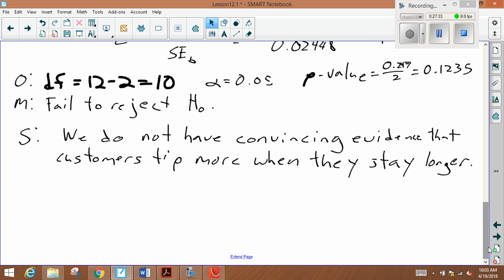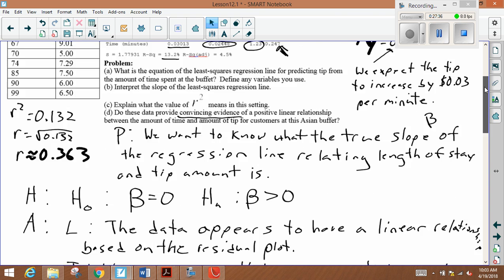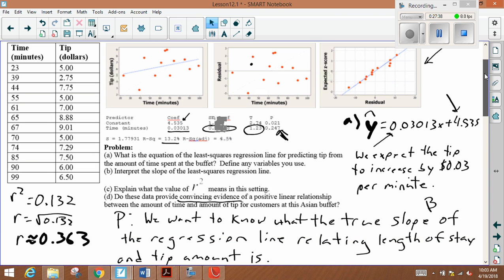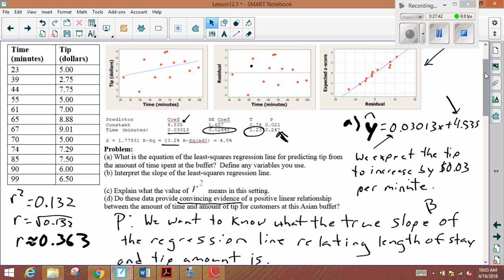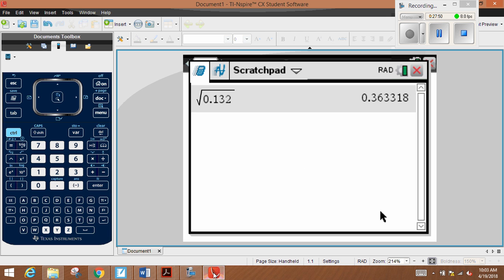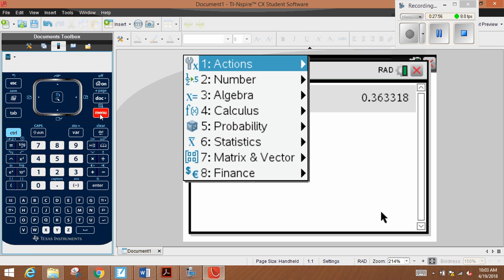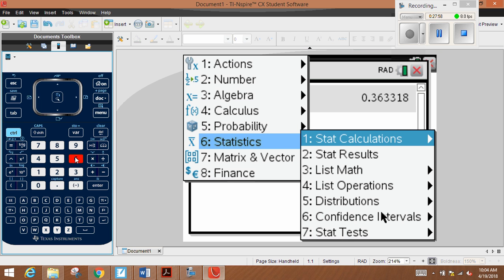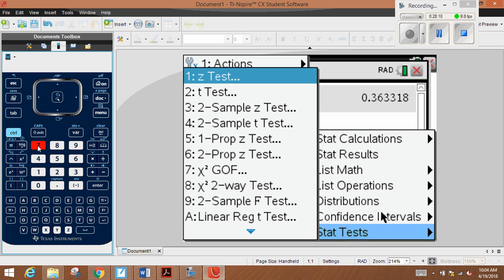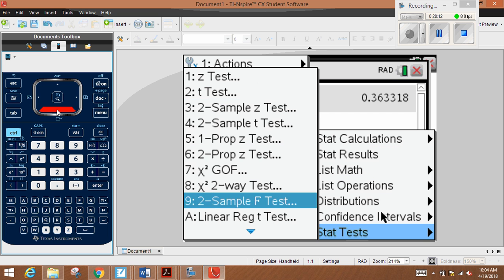We could have done this whole thing calculator-wise, is what I was looking at. We have this data here. We can make our calculator do all of this if we were to input time and tip into our calculator, and then use menu. Right, we would input time and tip into a list page, a spreadsheet page, and then we would go to stat tests, and there is a linear regression t-test.